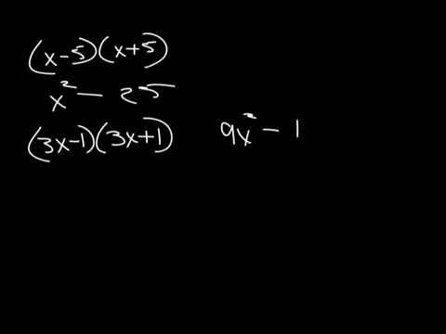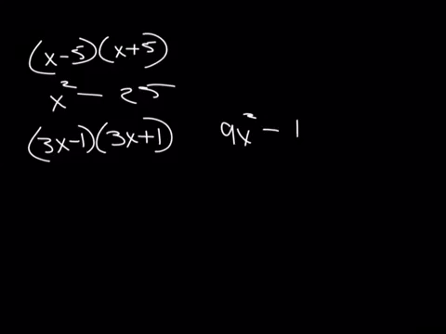Okay? So the middle term always goes away when you're using the difference of squares. So that makes it real easy. So let's look at some of the examples down at the bottom of page 362.